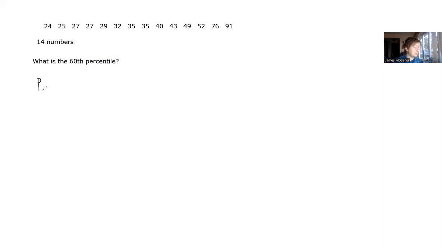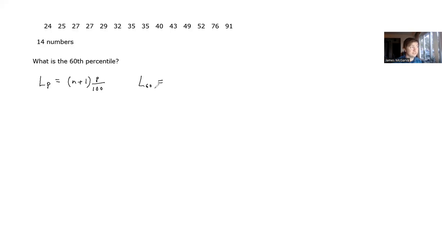So the first formula, well, the first formula is going to be about not the percentile, but the location of the percentile. And the formula looks like this. The location of the percentile is n plus 1 times the p over 100.